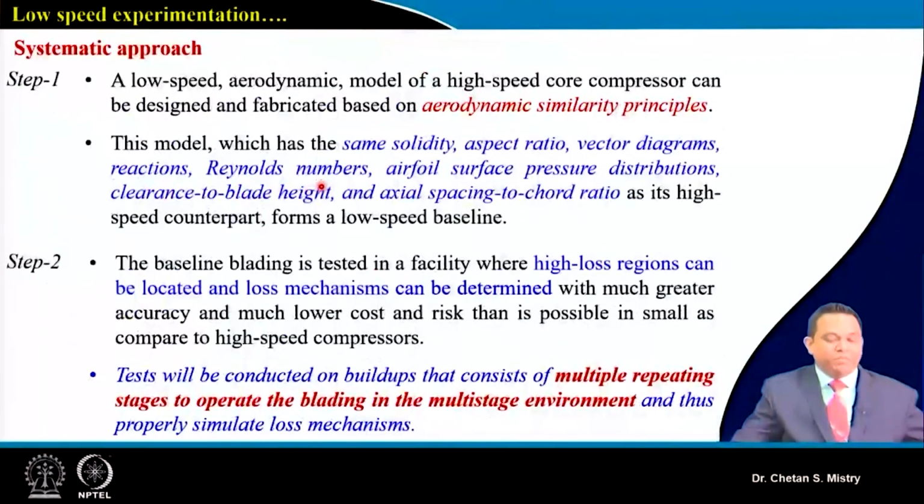But at the same time, as proposed by Wisler, a low speed aerodynamic model of a high speed core compressor can be designed and fabricated using the aerodynamic similarity principle. This model has the same solidity, aspect ratio, vector diagram, reaction, Reynolds number, surface pressure distribution, clearance to blade height, and axial spacing to chord as our high speed compressor.